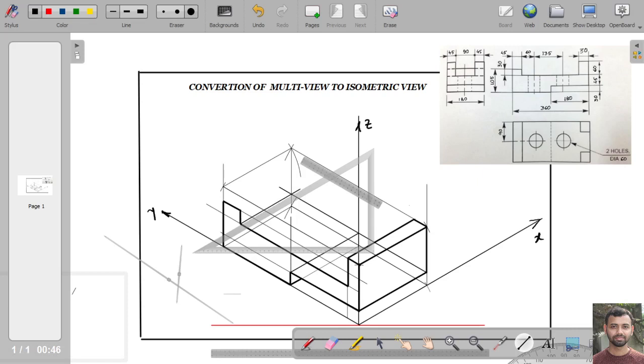Okay, similarly the upper portion, the upper portion.